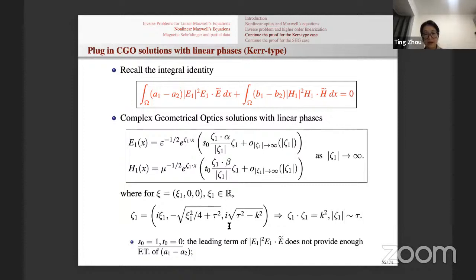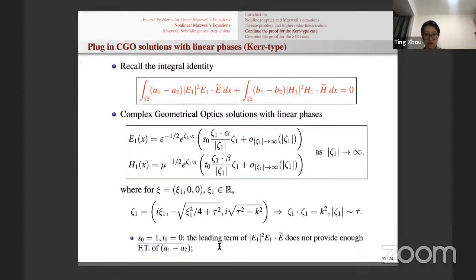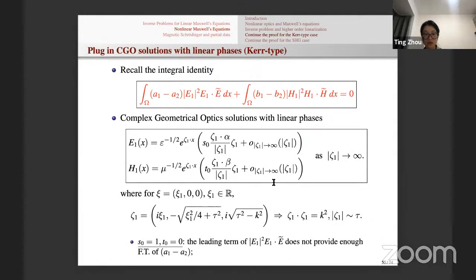Okay, this is a little bit technical, but this would be the complex vector or weight you choose for your exponential, and the dot product of them being the wave number squared, and the magnitude going to be large. Then you get smallness of the remainder terms.